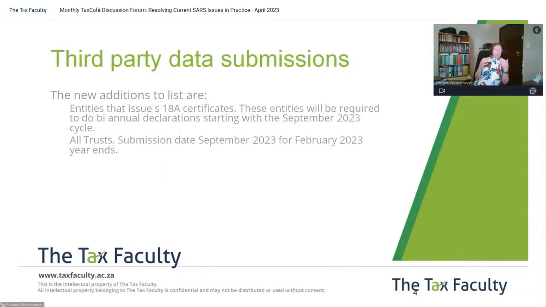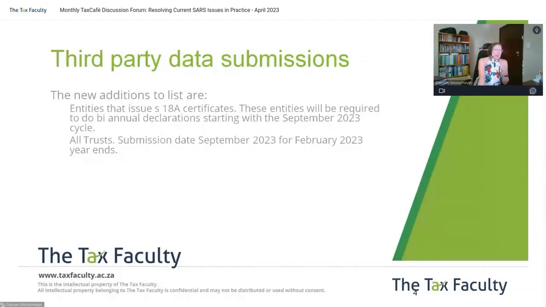So I really can understand why SARS is twitchy. Is twitchy a good word? For trust distributions, the trust is claiming a deduction and it needs to be income in the hands of the beneficiaries.